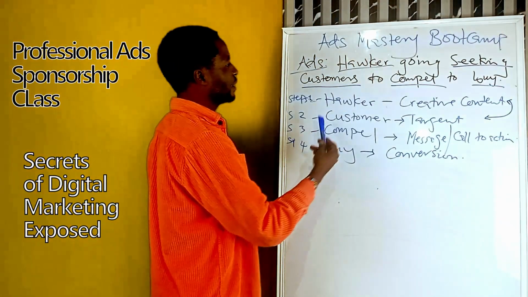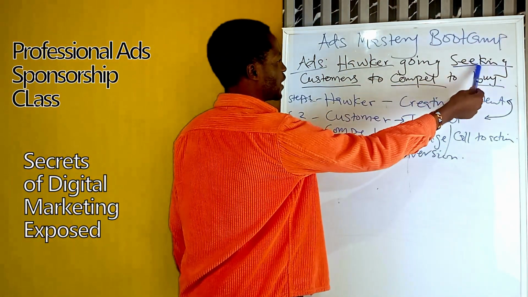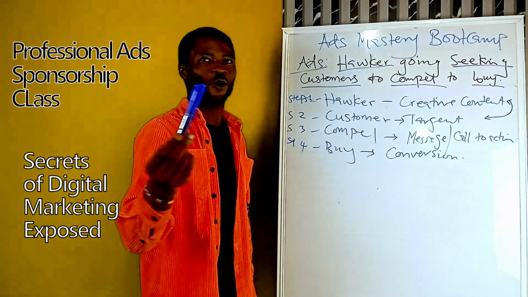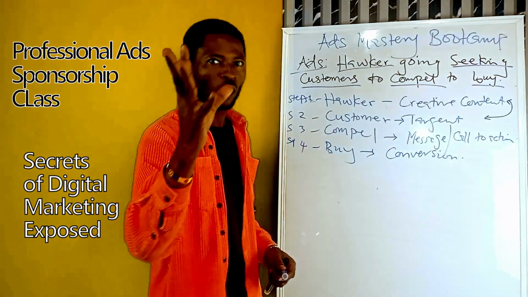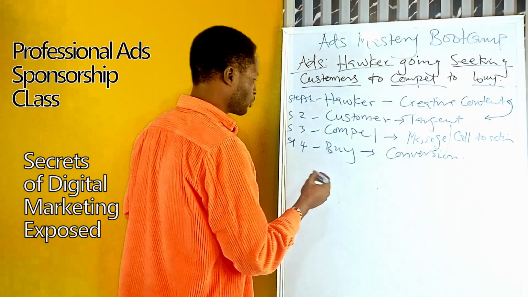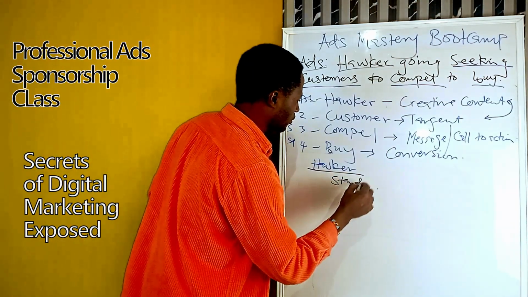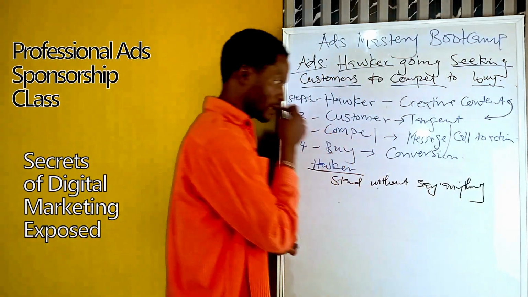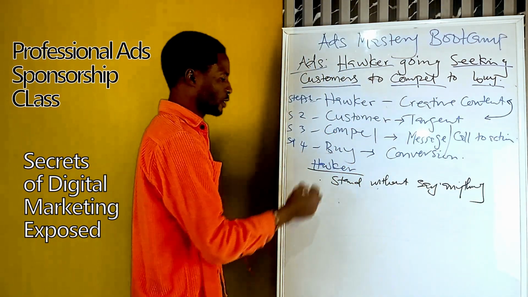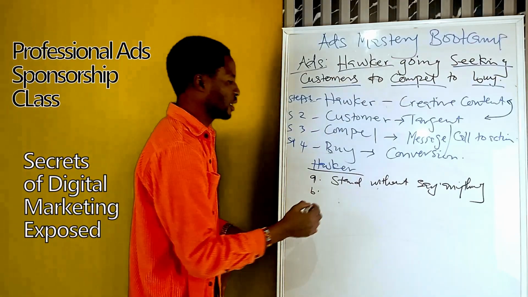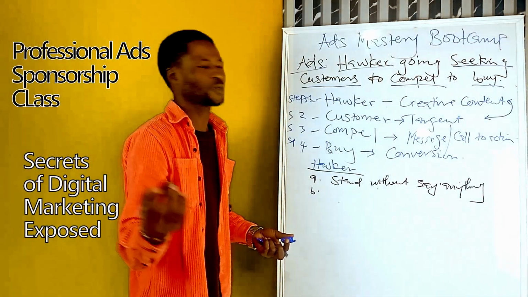So when your ads help you to seek customers and present your hawker before your customers, your hawker can actually do one of three things. One, your hawker can stand without saying anything to the potential customers. That is number one possibility. Number two possibility is that it can begin to say something else.